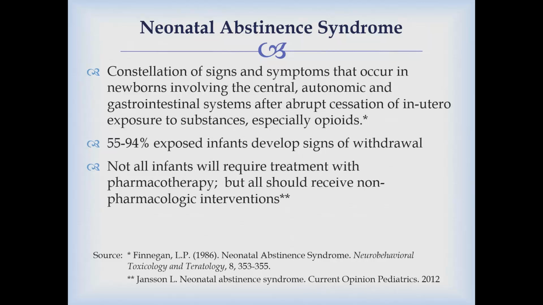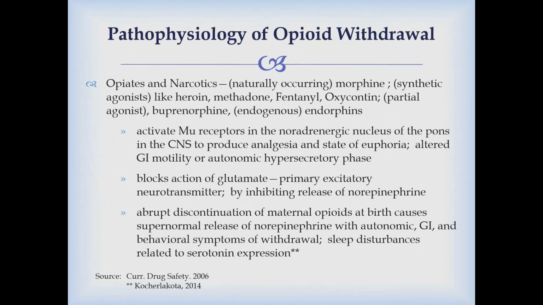The pathophysiology of opioid withdrawal has to do with its effects on receptors in the CNS, the GI system, and the autonomic system. We are talking about opioids occurring naturally in nature, derived from the poppy seed, synthetic agonists like heroin, methadone, fentanyl, OxyContin, partial agonists like buprenorphine, and endogenous opioids such as endorphins.